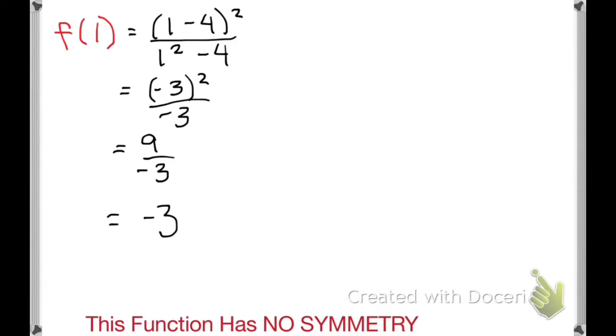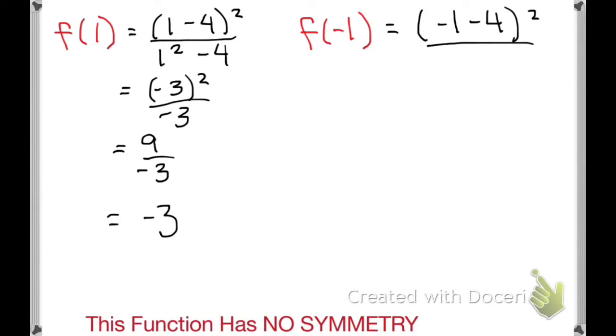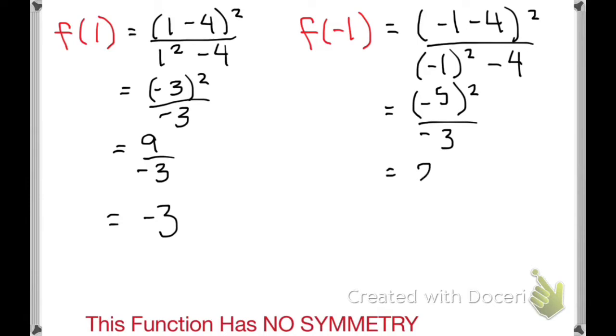And when we plug in f of negative 1, which is what we're going to do next, we're going to see that the quantity negative 1 minus 4 squared all over negative 1 squared minus 4 is going to be equal to negative 5 squared over negative 3, which is going to be 25 over negative 3, and it's just going to give us a y value of negative 25 over 3.